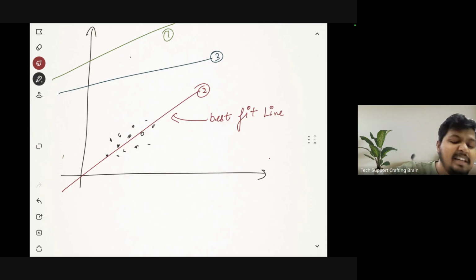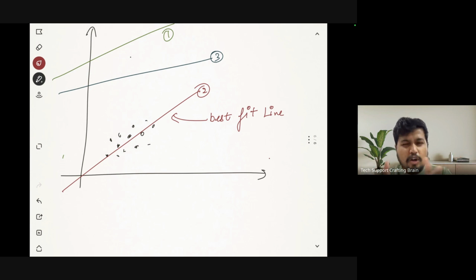A very important interview question: what is the best fit line in linear regression? The best fit line is that line in linear regression where our line crosses the data points, or is closer to the data points. That line is called the best fit line.